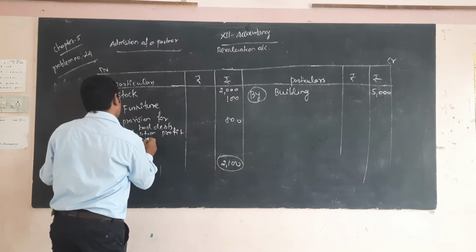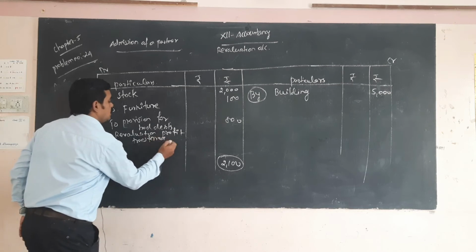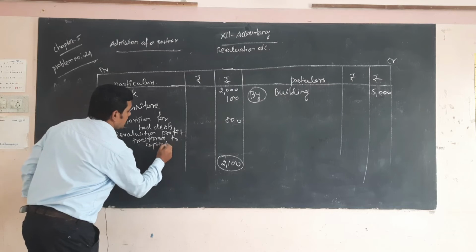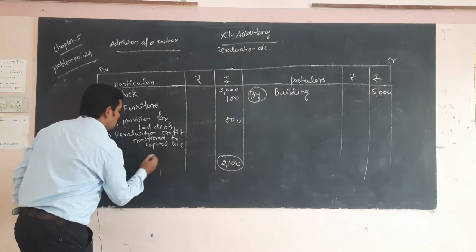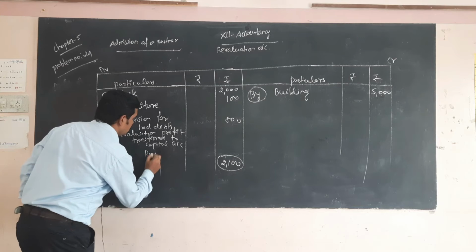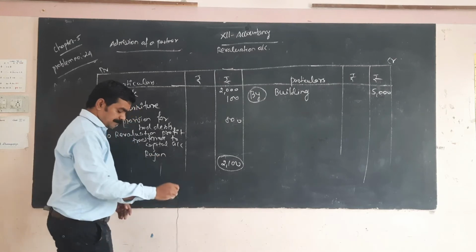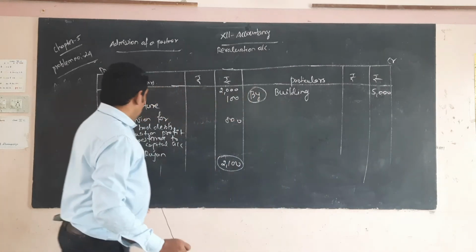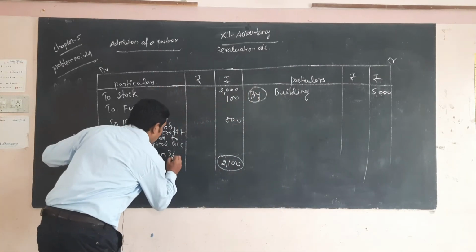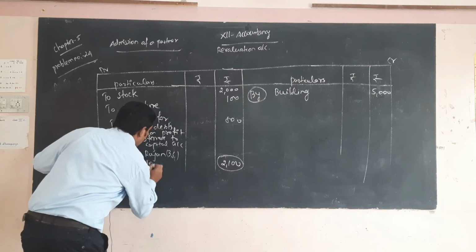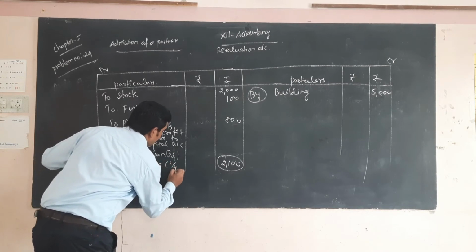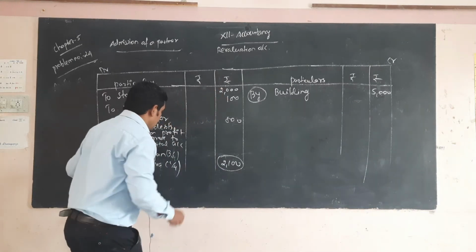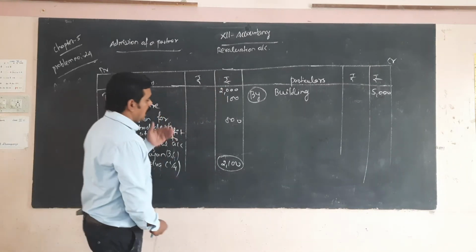So, revaluation profit transferred to capital account, Rajan and Selva. Rajan 3/4, Selva 1/4. How will you calculate that amount?